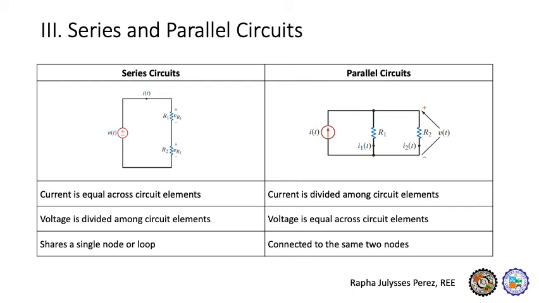For voltage, in a series circuit, voltage is divided among circuit elements, while for parallel circuits, voltage is equal across circuit elements, provided that they share the same set of two nodes. And from the diagram itself, it is obvious that series circuits share a single node or loop, while in parallel circuits, the branches or the elements are connected to the same two nodes.